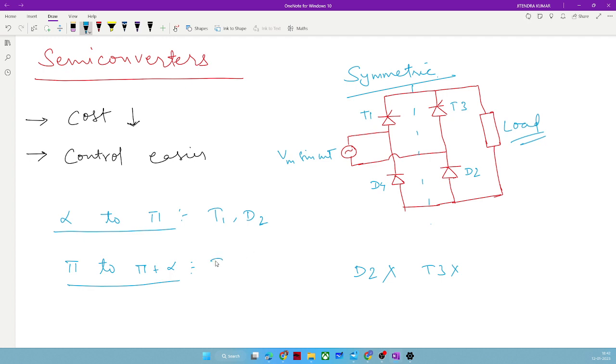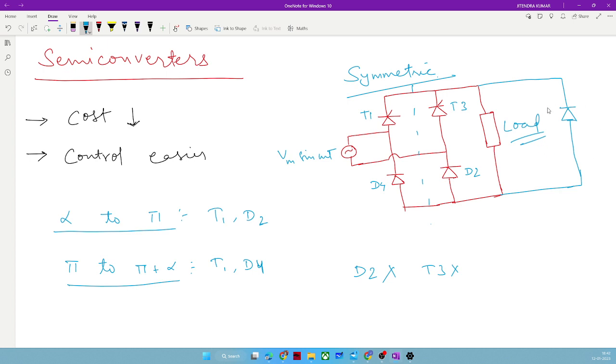So of course, two switches will turn on. But what will happen when T1 and D4 conduct? It will create some freewheeling action, as if a freewheeling diode were connected. If a freewheeling diode had been present here, that diode would have conducted.